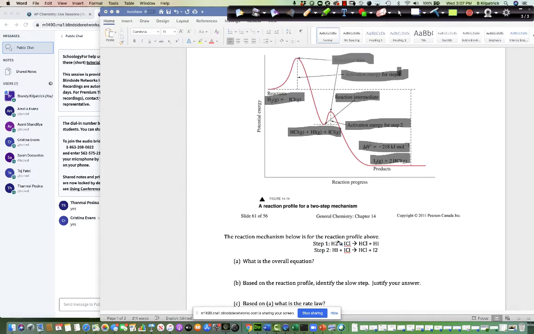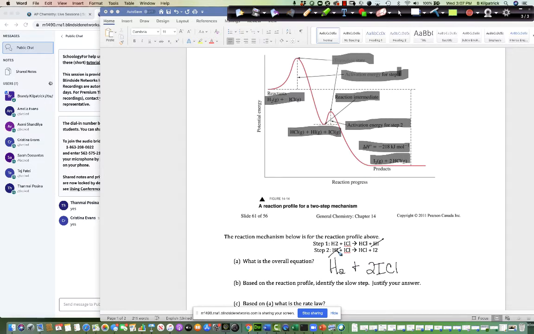We have H2 on the reactant side, so that stays as a reactant. We have ICl, but we also have ICl down here, so we have 2 of those. HI is here and here, so that gets canceled. This is an intermediate: I produce it in one step and use it in another step.